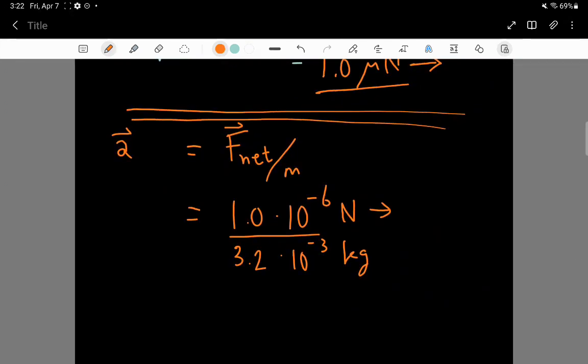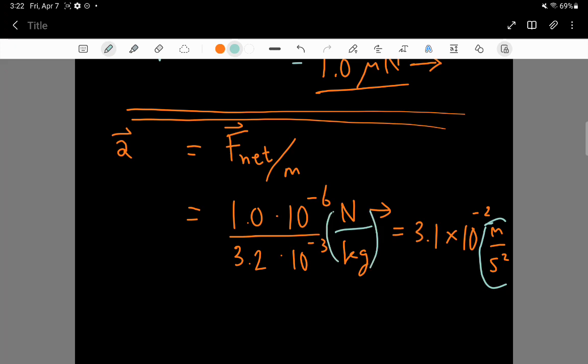When you put this in your calculator and do the correct rounding, you get to two significant figures 3.1 times 10 to the minus 2 meters per second squared. These meters per second squared units, the SI units of acceleration, are what the newton per kilogram is.